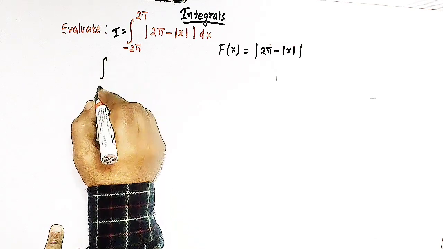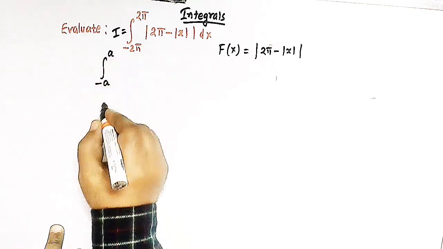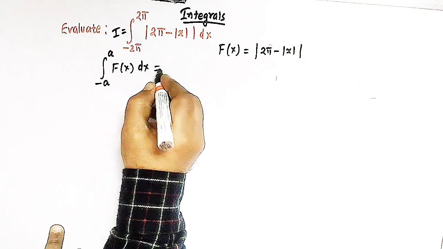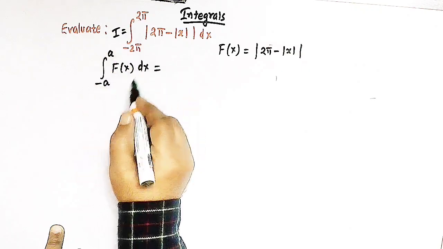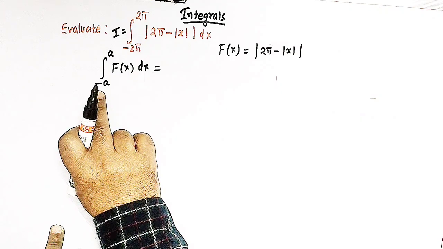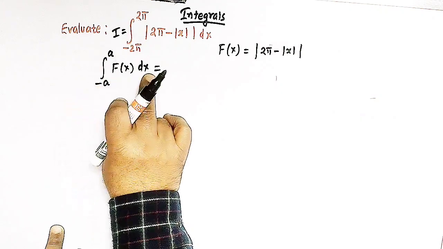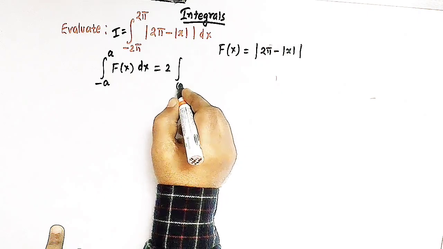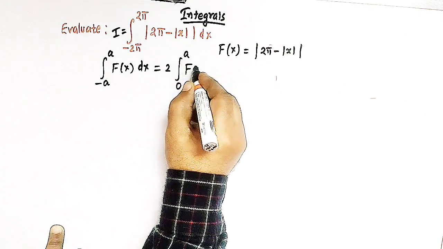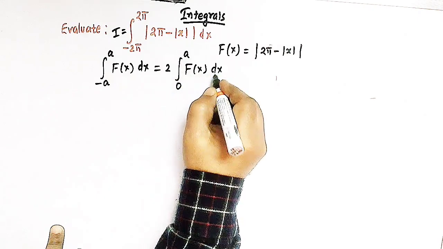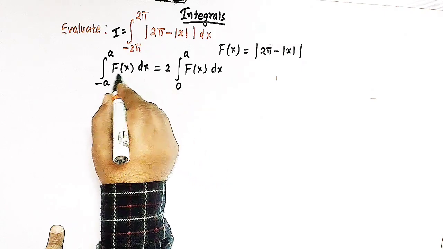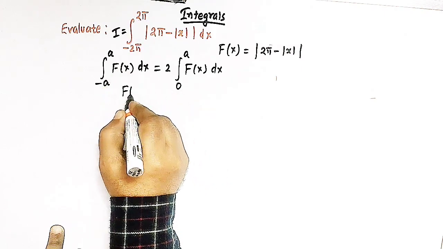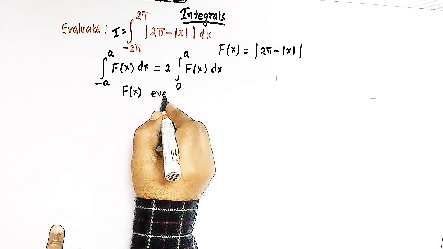So here we have minus a to a, and we have a function say f of x dx, and the value of this integral, that is from minus a to a f of x dx, is equal to 2 times the integral from 0 to a f of x dx, provided this integrand, that is this function f of x, is an even function, right?